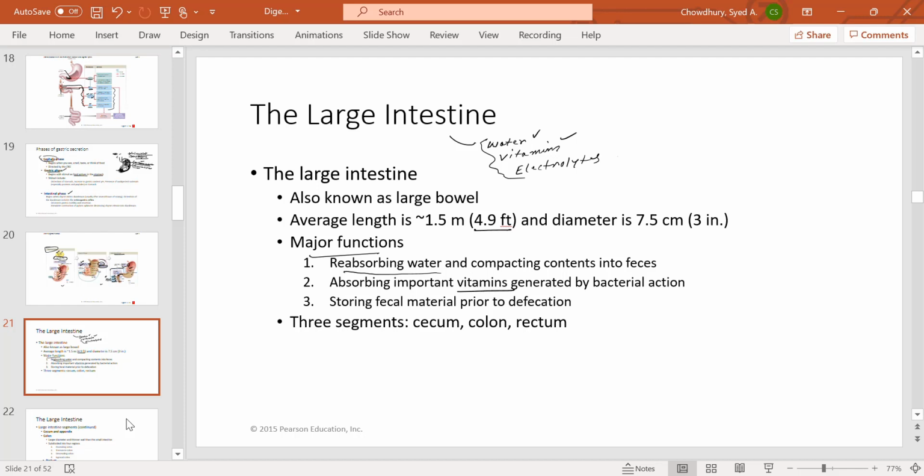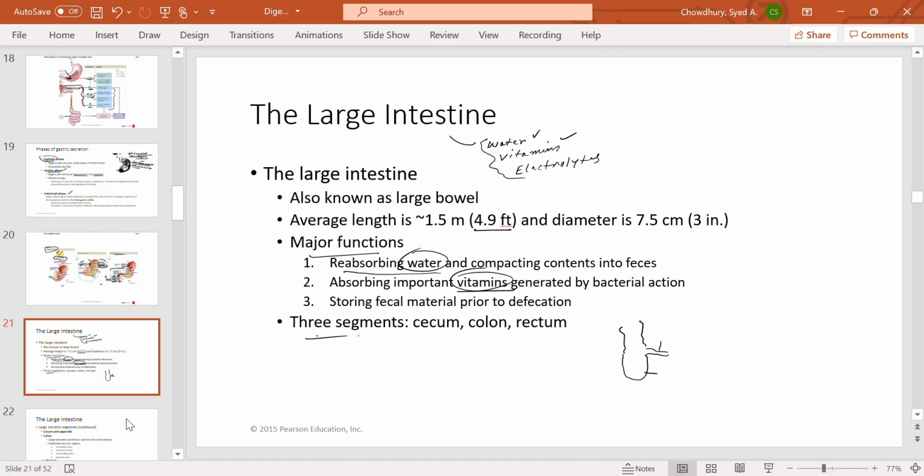Absorption of water and vitamins. The large intestine has three parts. First part is the cecum, I showed you before, where the ileum, the last part of the small intestine, ends, right? So this is the ileum, and this is the first part of the large intestine.